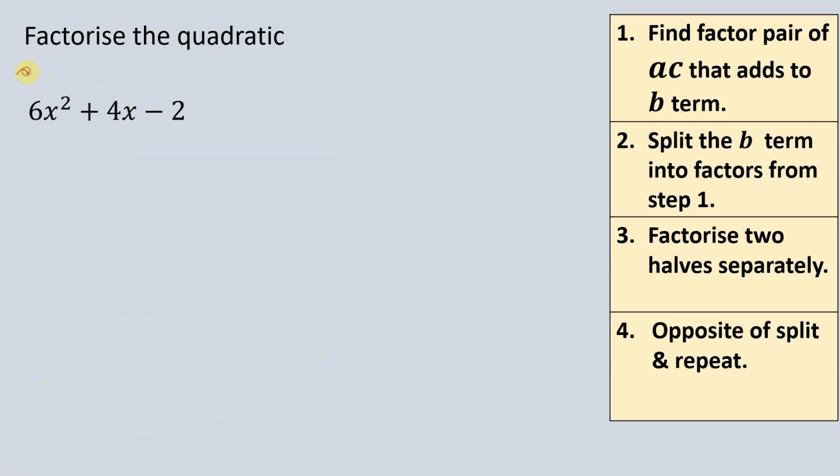This one here, a is going to be 6, b is going to be 4, and c is going to be -2. AC is going to be 6 times -2, which gives us -12. So we need factors of -12 that are going to add or subtract to give us a +4.